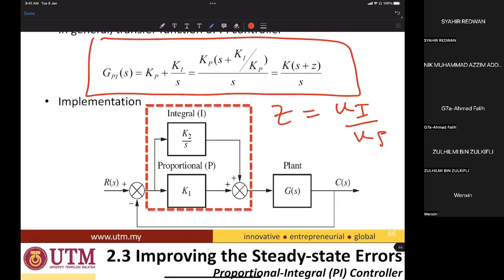So for implementation, the block diagram is KI over S in parallel with the proportional gain, then connected in series with the plant. So this one is a PI controller.